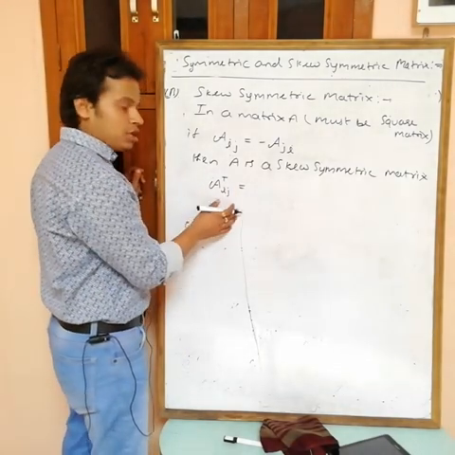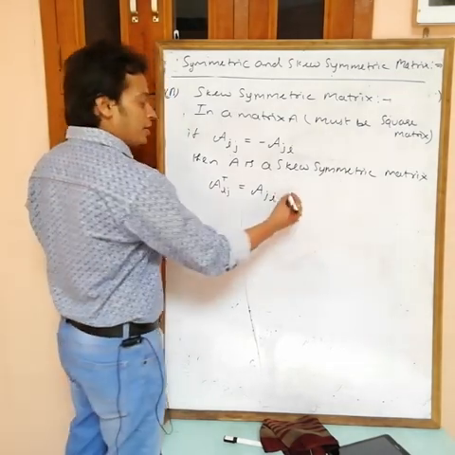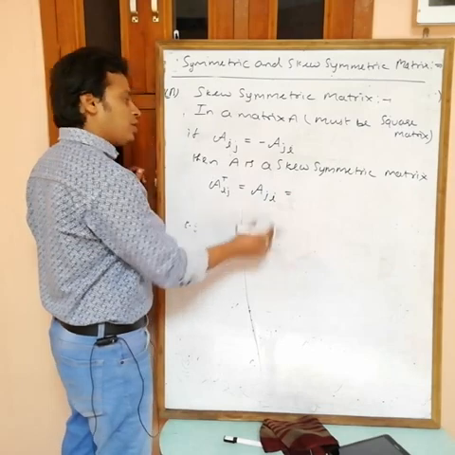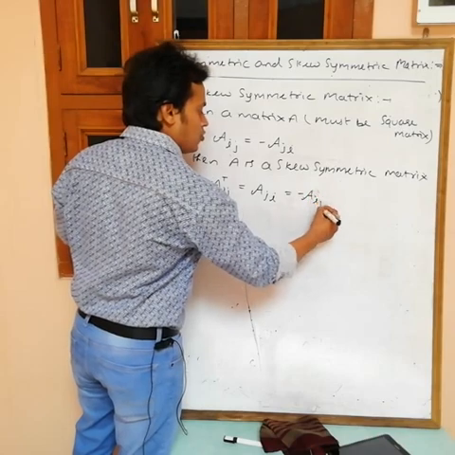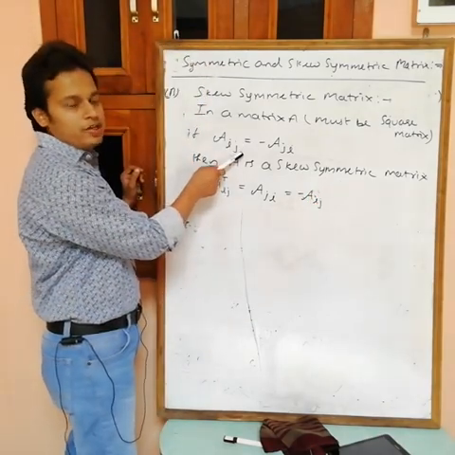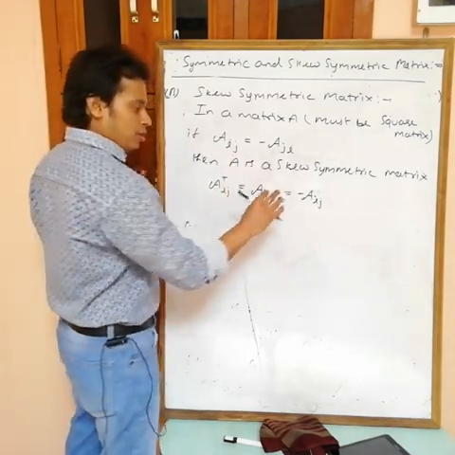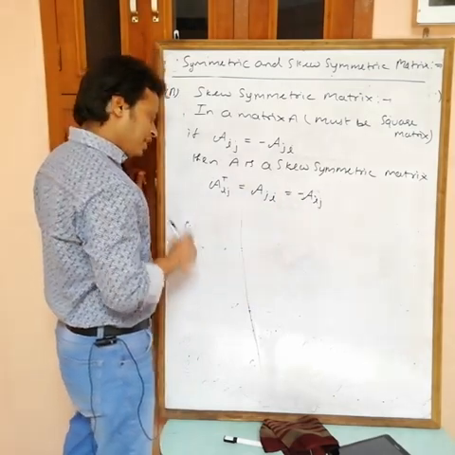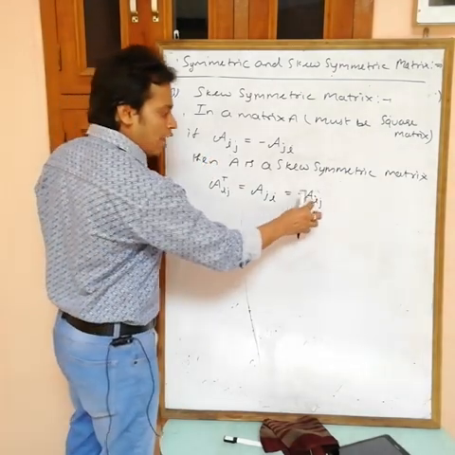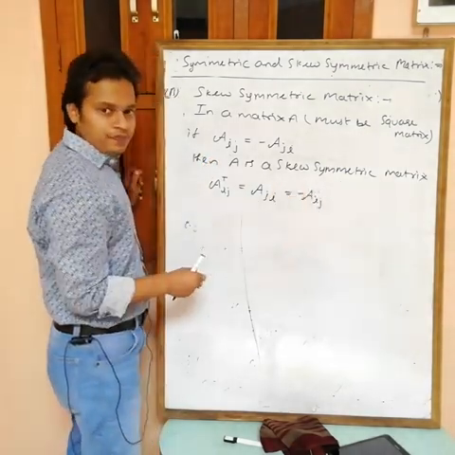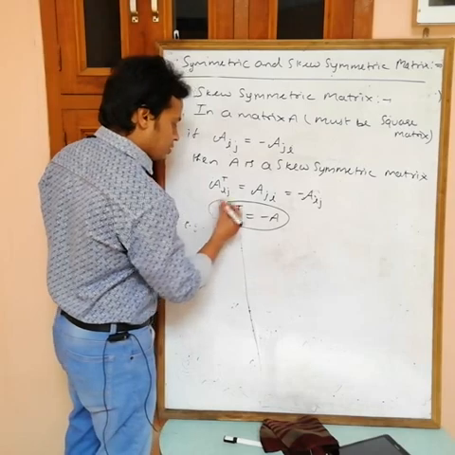Now I can say that the ijth element of A transpose is equal to the jith element of A, and the jith element of A is equal to minus of the ijth element, because of the definition of a skew symmetric matrix. It means the ijth element of A transpose is equal to the ijth element of minus A. It means A transpose is equal to minus A.